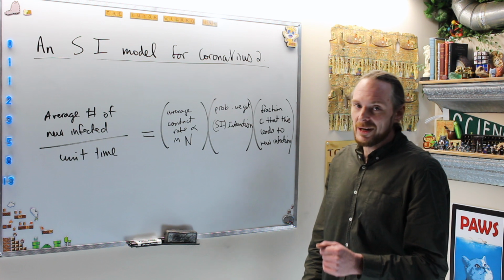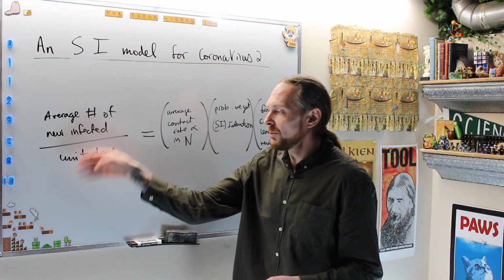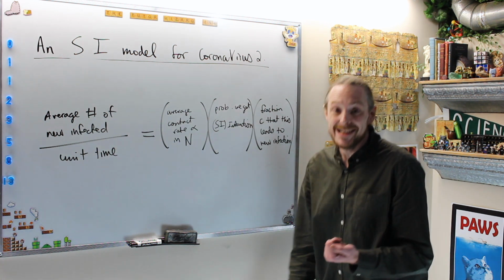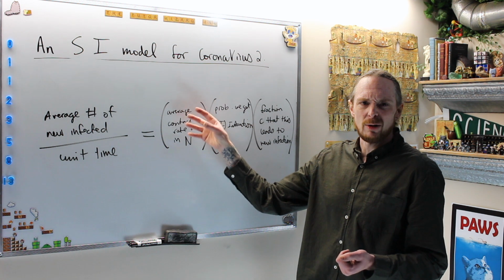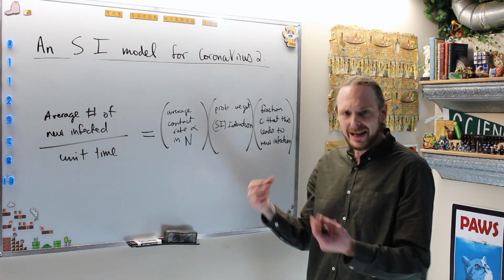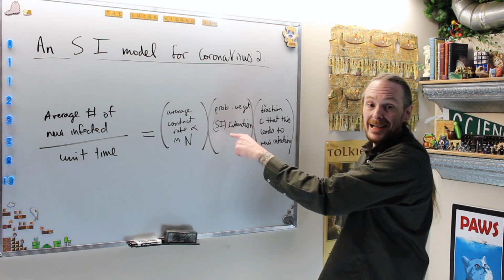What that now says for us is the average number of new infected individuals over a predetermined unit of time is now going to be equal to the contact rate over time, the average contact rate in the population, N. But I don't want all of those guys. I only want the ones which are SI interactions.